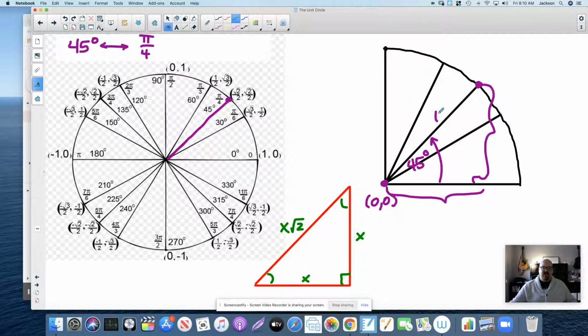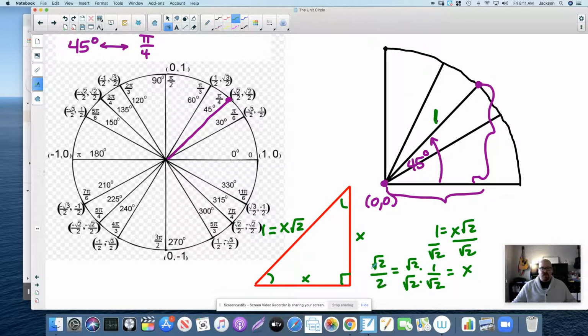So if this hypotenuse has a length of 1, we're saying that x radical 2 is equal to 1. And if x radical 2 is equal to 1, and we solve for x, we'd have to divide by radical 2, right? And we'd get x equals 1 over radical 2, which we would then rationalize by multiplying by radical 2 on the top and bottom, and we'd end up with radical 2 over 2.